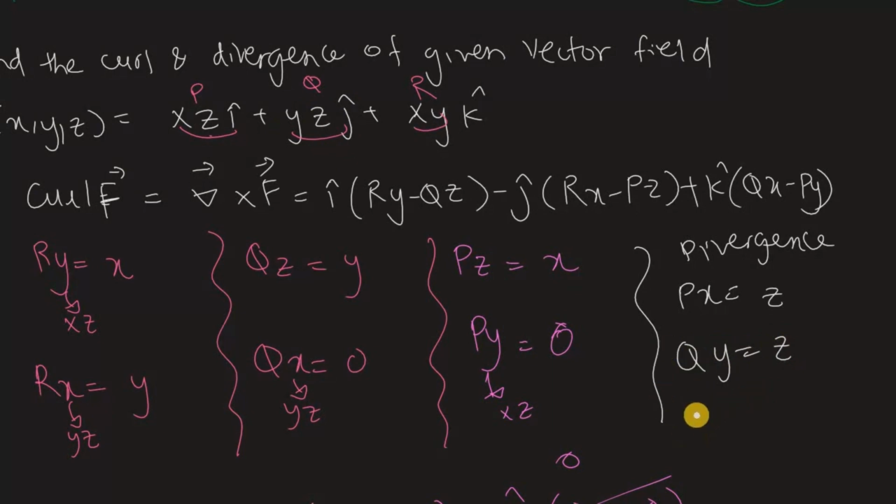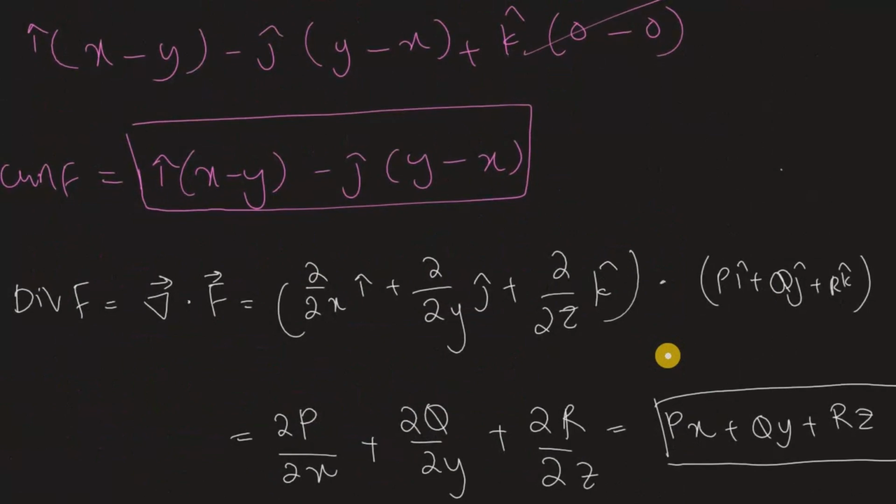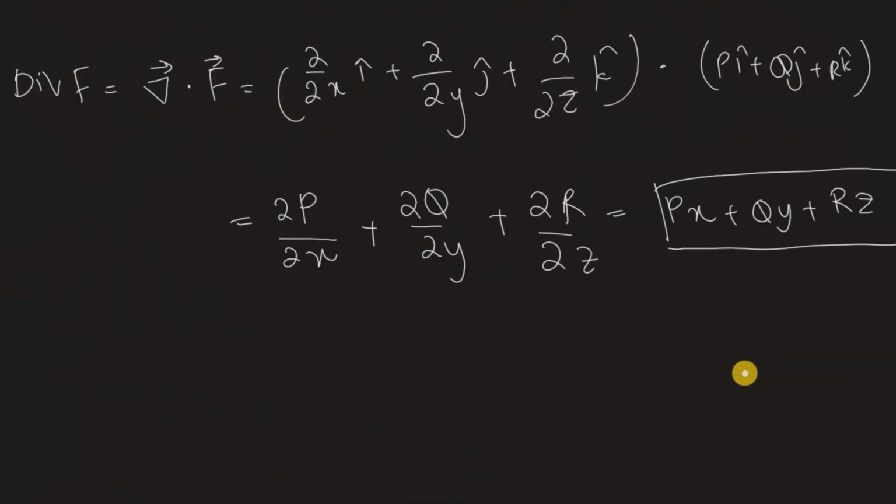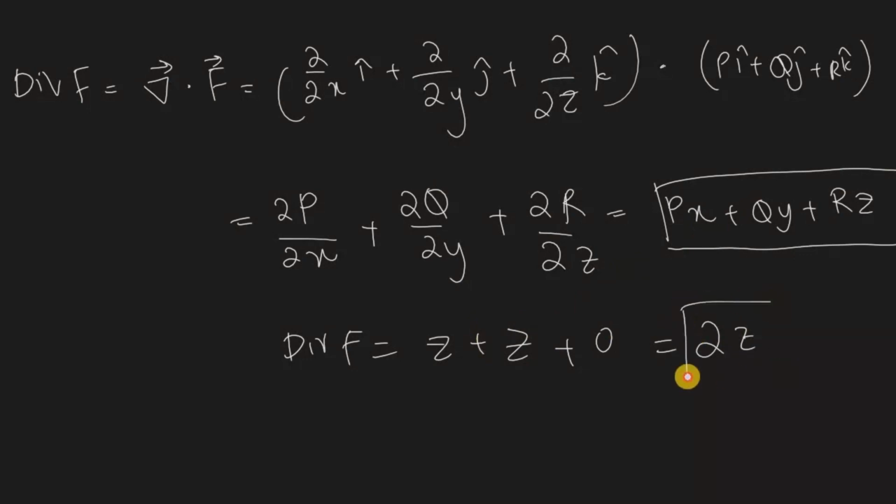And then we have r of z, right? R of z is going to be 0 because x and y are constant, and there's only x and y here, so this is 0. Oh, sorry, so divergence of f is z plus z plus 0. So the answer to divergence of f is 2z.